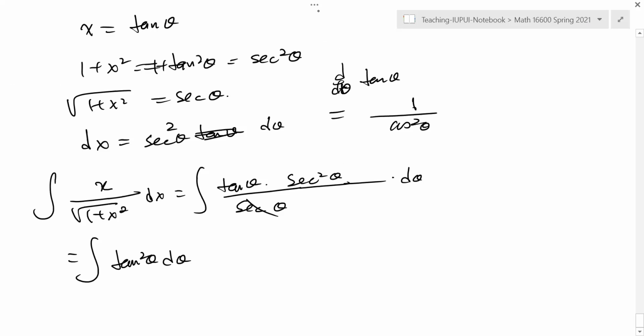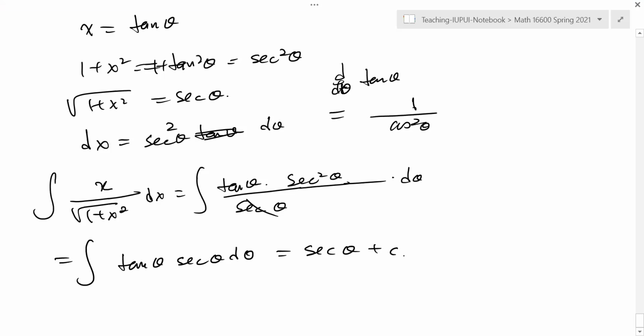Okay, so after that. Tangent theta is sine theta over cosine theta. When you differentiate, you get the denominator cosine square theta, and the numerator becomes 1. So the derivative of secant theta is secant theta tangent theta. That's right. You're right. Now this is going to be the antiderivative of secant square theta plus constant.